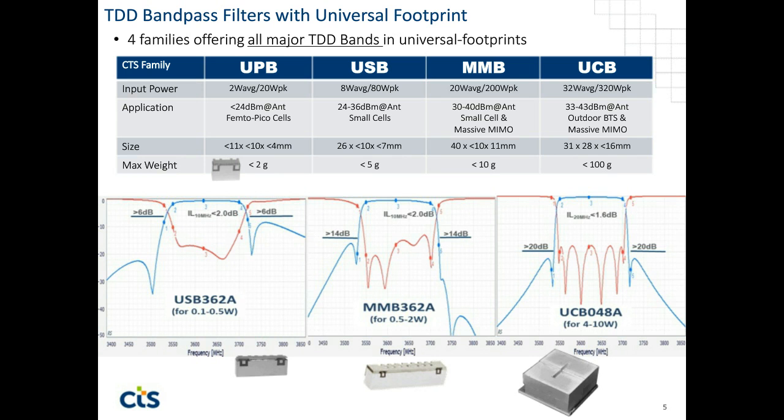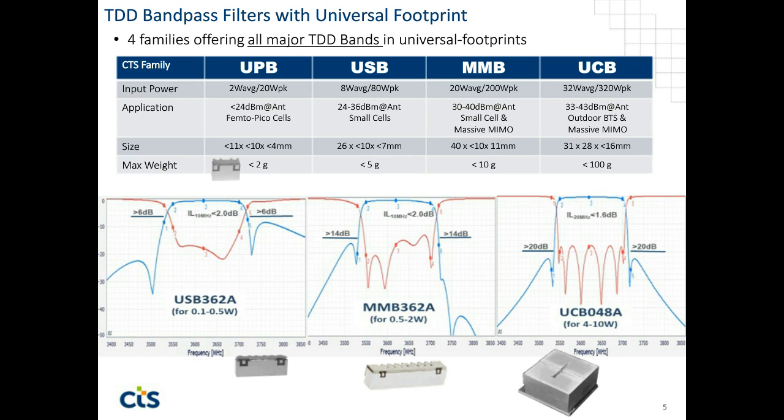Certainly band 48 is an example of a band where this is important to consider, but it's not the only one. Sometimes band 41, if you're trying to support Wi-Fi co-location, for instance, might cause you to shift up from the UPB family to the USB family.